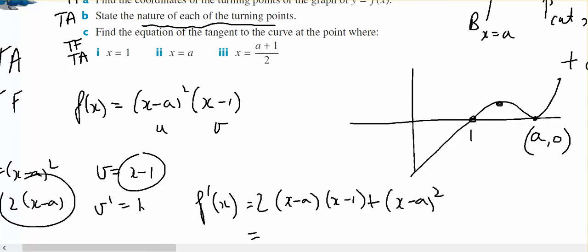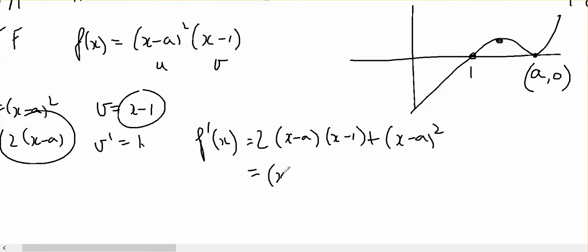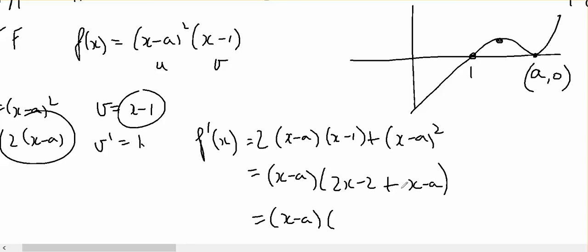And I can see an (x minus a) in each of those, so (x minus a) comes out, and that leaves me with two lots of (x minus 1), so 2x minus 2, plus (x minus a), 2x plus x is 3x, minus 2 minus a, and that's going to be the derivative.